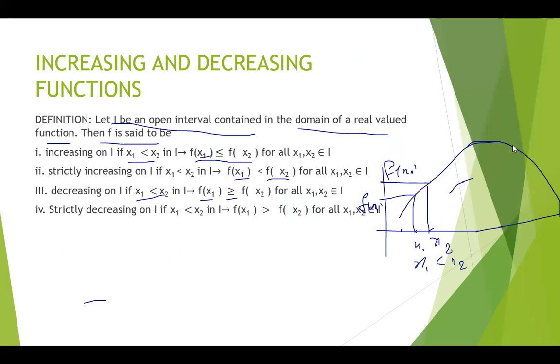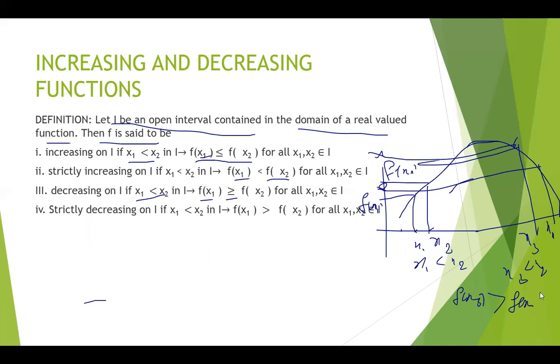If you consider these 2 points, x3 and x4, here also x3 is less than x4, but their images, f at x3 and f at x4, are such that f of x3 is more than f at x4. If I use the strictly greater than symbol, then I say it is strictly decreasing. If I use the symbol greater than or equal to, then I say it is just a decreasing function.